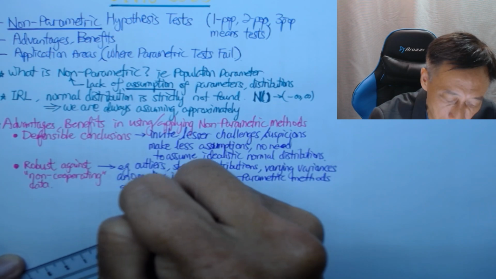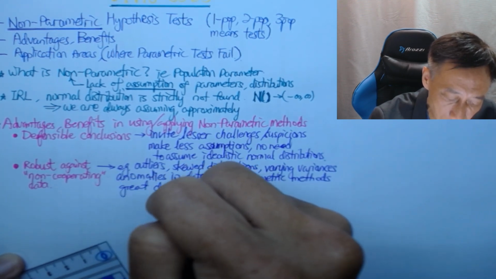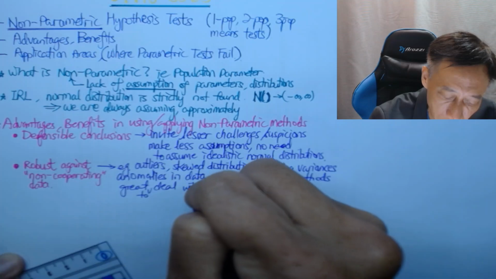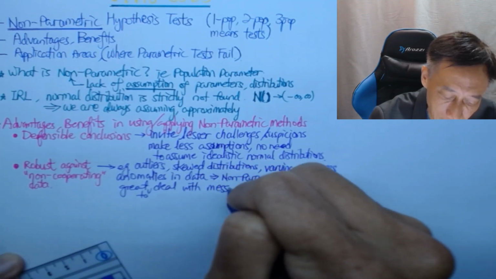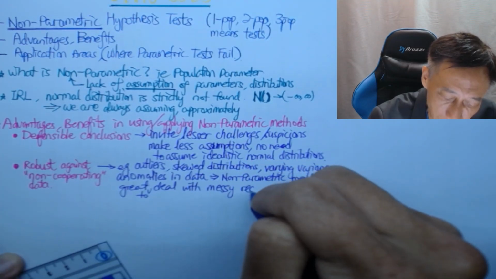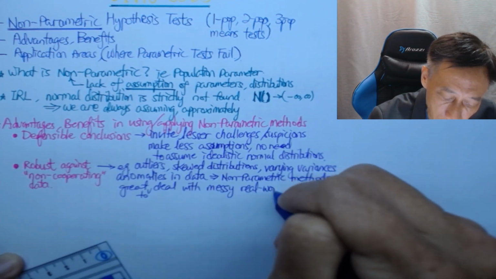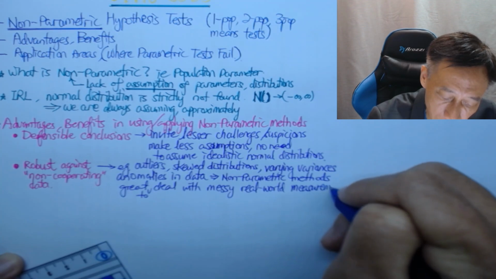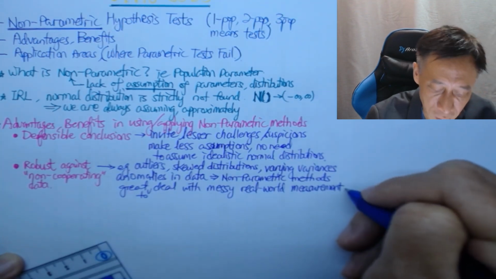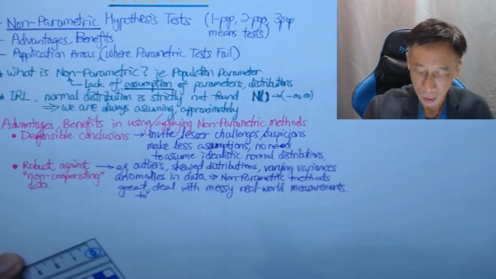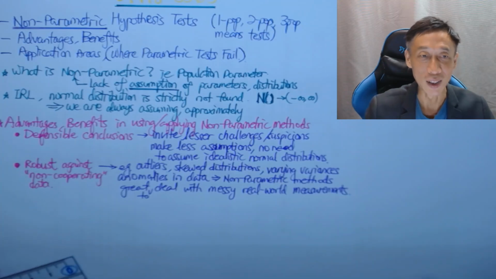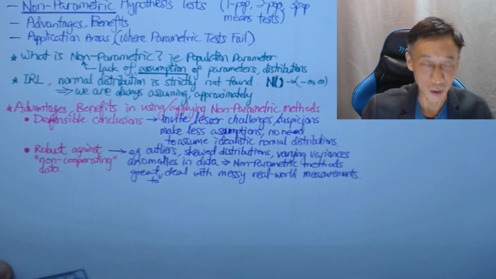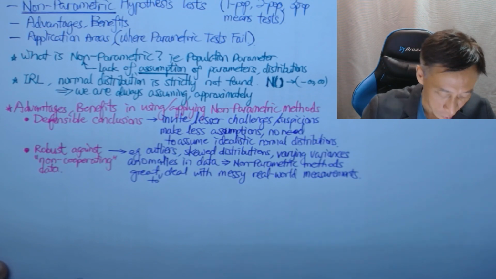Great to deal with messy real-world readings or measurements. Okay, so that's another big reason why we should consider. So I'm like a salesman, but I think to me I'm a sold person, right? So I think this is important.